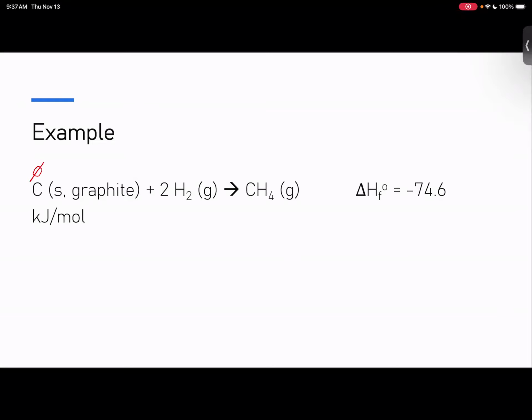Because hydrogen is in gas form, it has a delta H of formation of 0. So this negative 74.6 is entirely due to that 1 mole of methane. That's what we mean when we're talking about the delta H of formation for 1 mole of compound from elements in their standard states. It means that that value is solely associated with the compound.